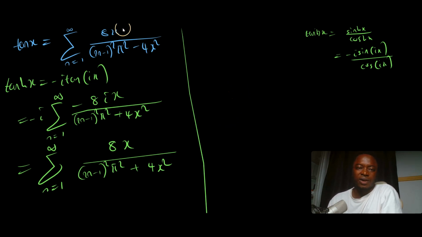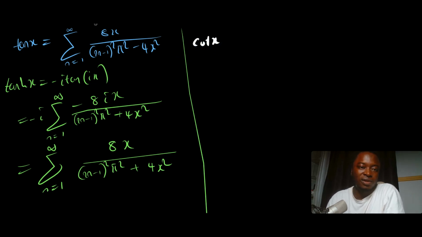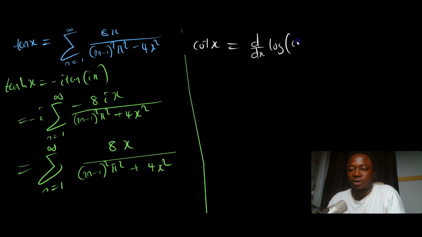Now what remains for us is to do the same for cotangents, okay? And let's take this out. For cotangent, I don't think we're going to suffer too much, because it is clear that cotangent of x per se is going to equal the derivative of the logarithm of sine of x.